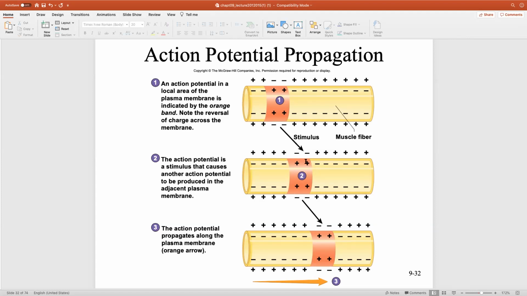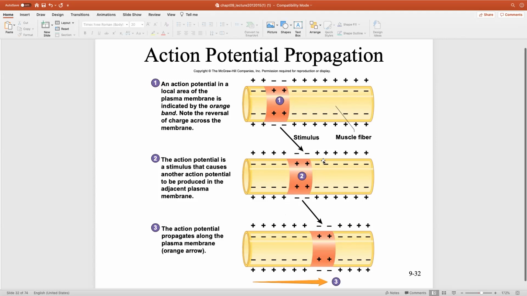Sodium comes into the next region, causing this region to become stimulated now. As sodium comes in, sodium goes forward, and sodium goes backward. As sodium goes backward, that region is in recovery. It's in the repolarization phase.